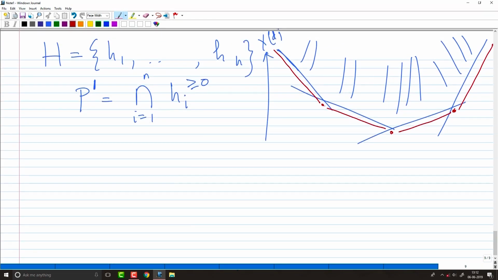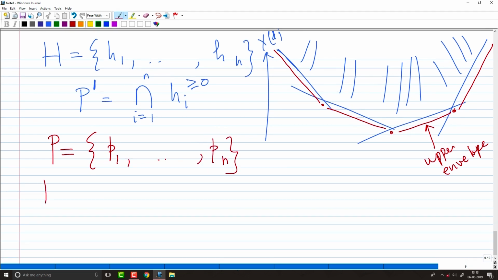So now this red thing is called the upper envelope. What we will be proving now is this: given a set of points P, we have already defined the lower hull of P. It is a simplicial complex.